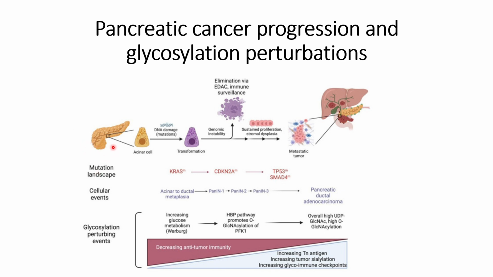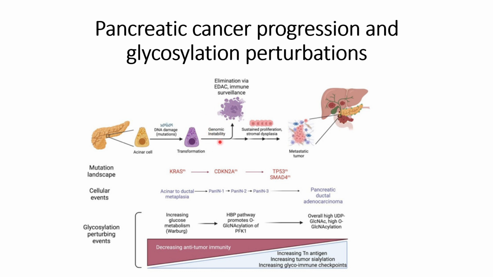Pancreatic cancer progression usually begins from the acinar cell. In the acinar cells, DNA damage occurs because of some mutations, and this DNA damage leads to the transformation of the acinar cell. At this point, the mutations lead to uncontrolled growth and also cause genome instability.